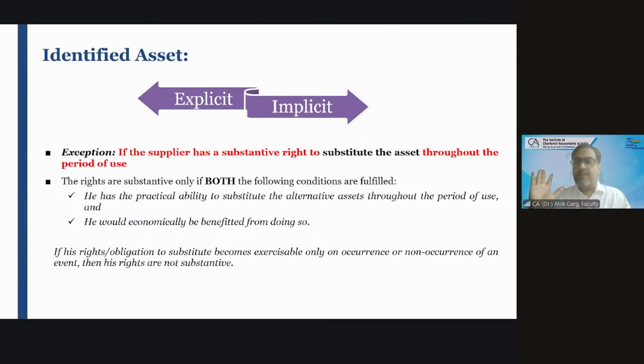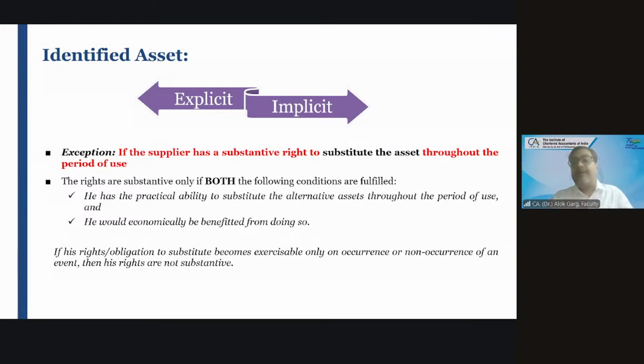Means, number one, it has to be explicitly or implicitly mentioned in the contract. Number two, the lessor will not be able to replace the asset during the lease term for his own benefit, for his own purpose. Okay, so the lessor cannot change it, cannot replace the asset for his own benefit.